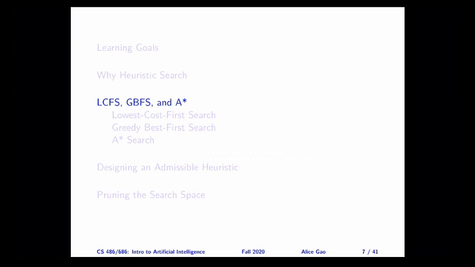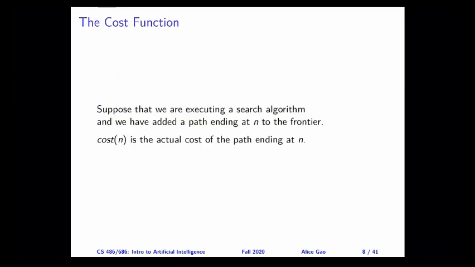Now, the three algorithms I mentioned are related since they use one or both of two sources of information to guide the search. The two sources of information are the cost function and the heuristic function. Let me introduce both of these functions. The cost function gives us the actual cost of a path from the start state to any given state n.